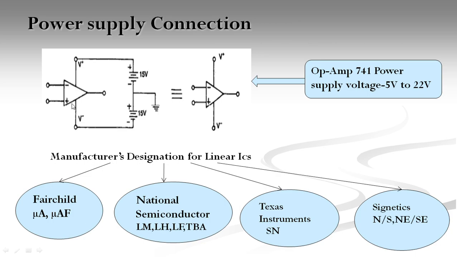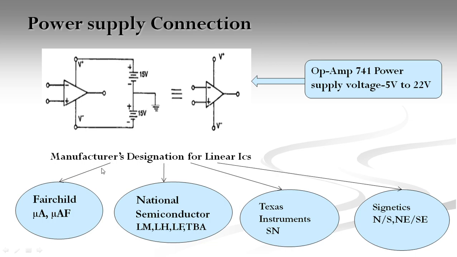And for the fourth pin, the negative of the supply will be connected and the positive will be grounded. And the op-amp 741 supply voltages can range from 5 volt to 22 volt. But for practical applications, we normally use a supply voltage of plus or minus 15 volt, and plus or minus 12 volts will also be used.